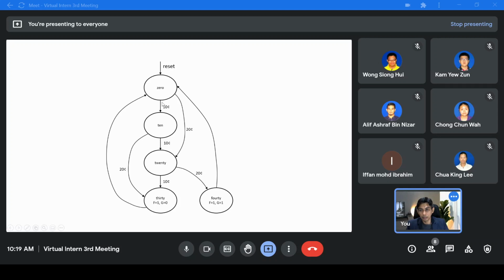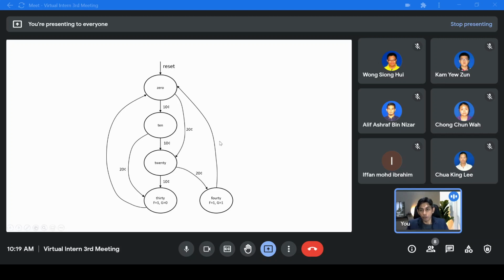Or if at this state the first coin that we put in is 20, it will go straight to this state, and we put 10 cent, it will go to 30 and dispense and go back. Or maybe we put 20 cent and another 20 cent, so it will go to this state and go back.